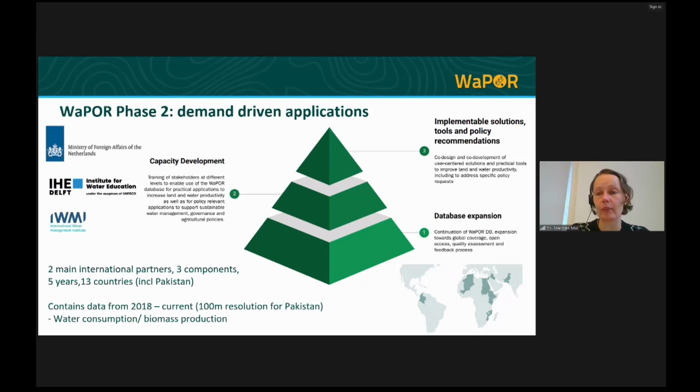One of the aims of the second phase was to develop the database for a global system, and this data is now also available for Pakistan. The global data is available at 300-meter resolution, but there will be an even higher 100-meter resolution version for Pakistan, and it provides information on water consumption like ET, but also biomass production.